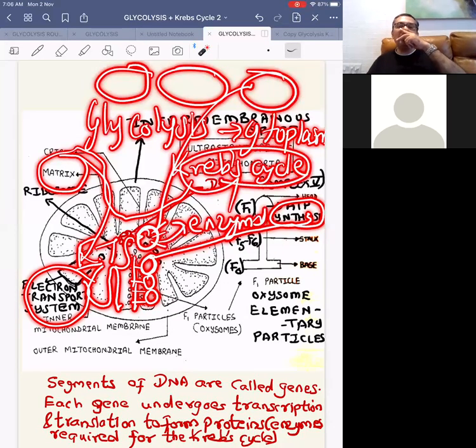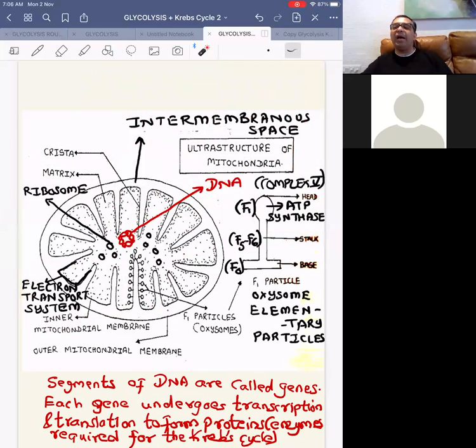So this is in detail everything about the mitochondria. Beautiful structure. Let's now understand how the ETS, electron transport system, will actually take place.